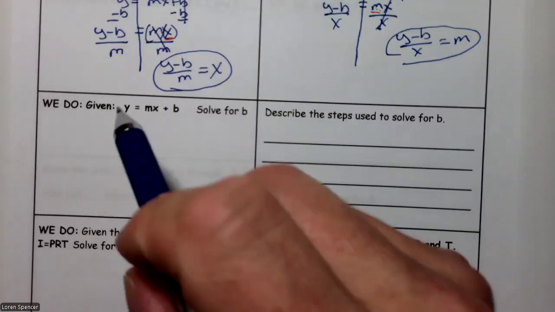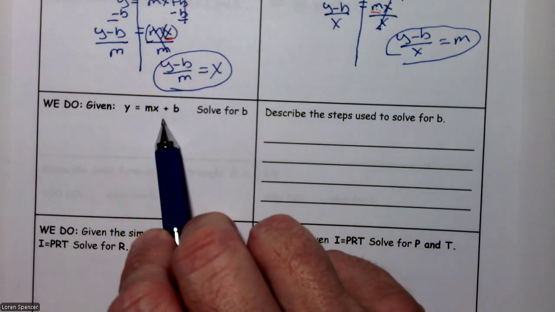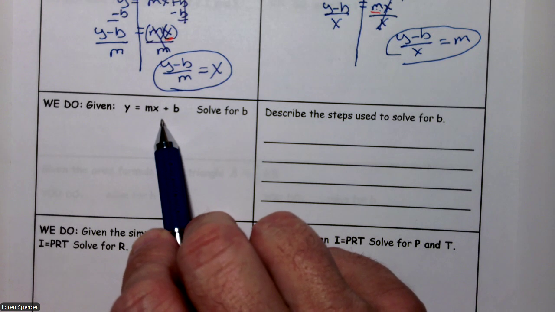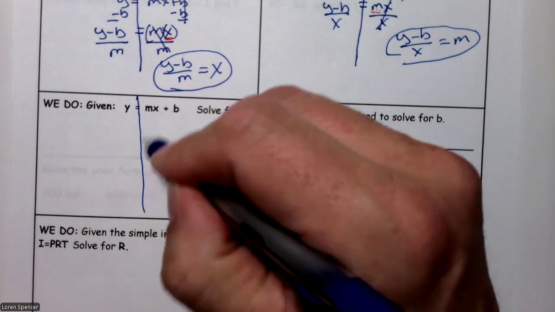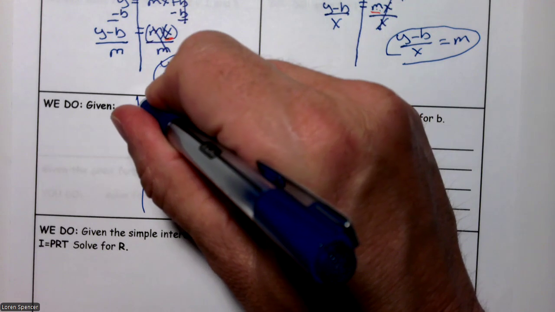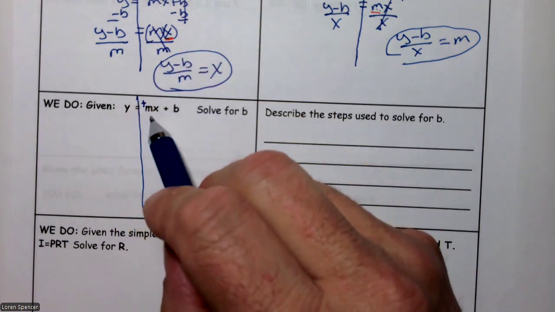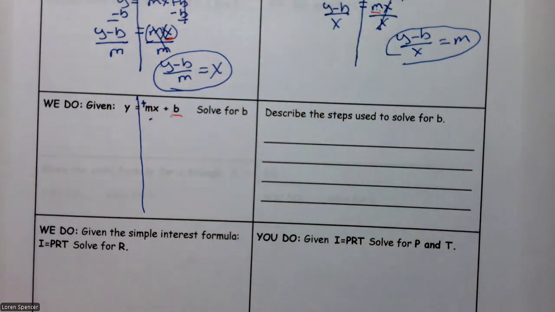So the last one of this type, it says y equals mx plus b, solve for b. This is easy. I have two terms on this side. I need to move this entire term. Now this doesn't have a sign on it, so that means it's plus. So I want this b by itself, but I need to move the mx.